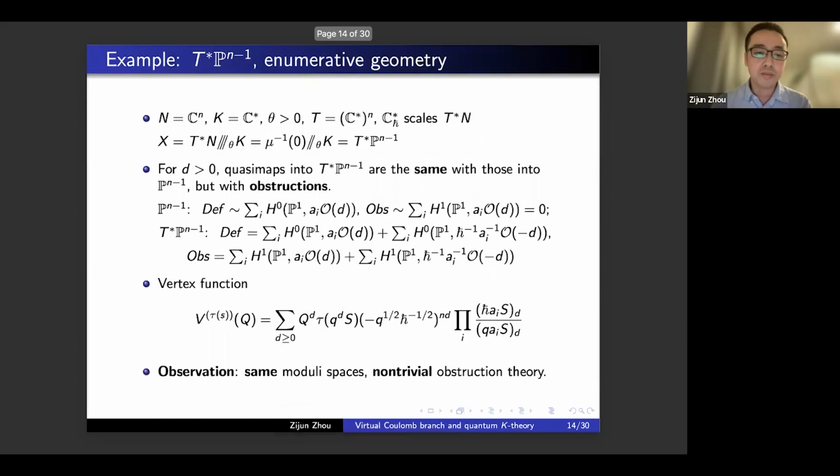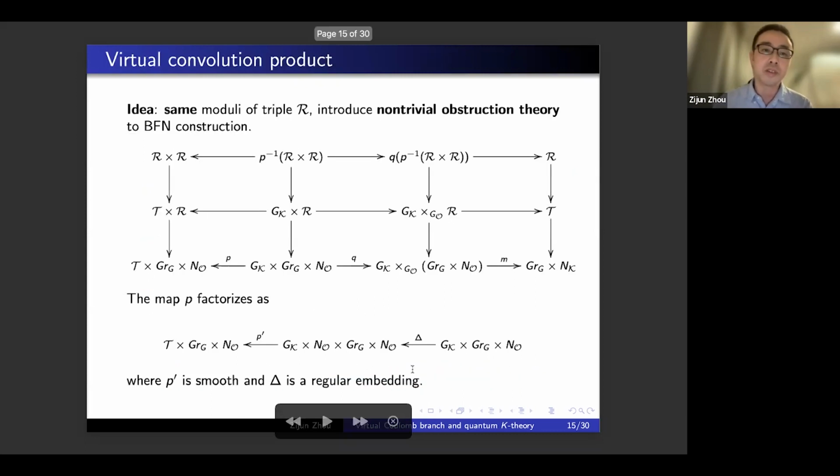As we can learn from this observation, we want to use the same moduli space and put some non-trivial obstruction theory. So the idea is that we use the same moduli triple R, but we introduce some non-trivial obstruction theory.